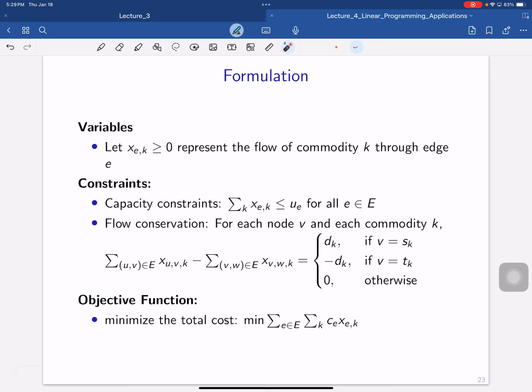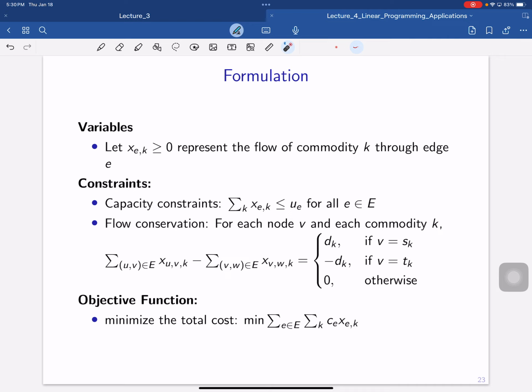So we can use a variable xek to represent the flow of commodity k through edge E, right? And of course, if you are talking about the capacity constraints, if you add up all the commodities at a given edge, it shouldn't exceed the capacity of a particular edge, right? Just sum over all the k of xk, they have to be less than or equal to the capacity.